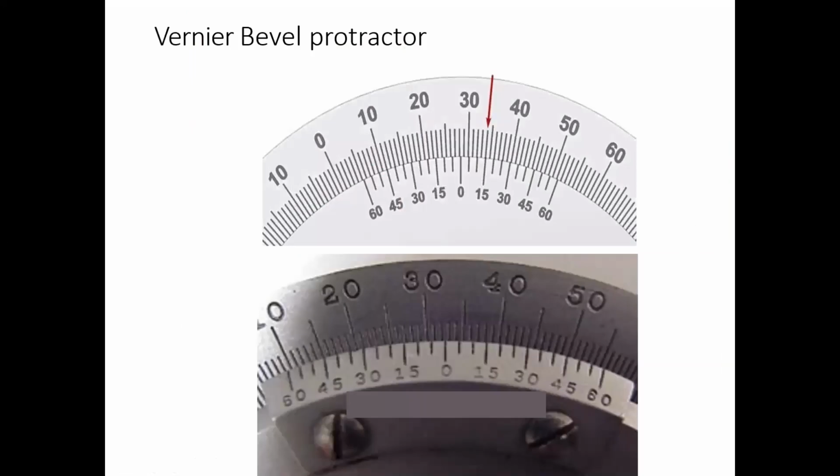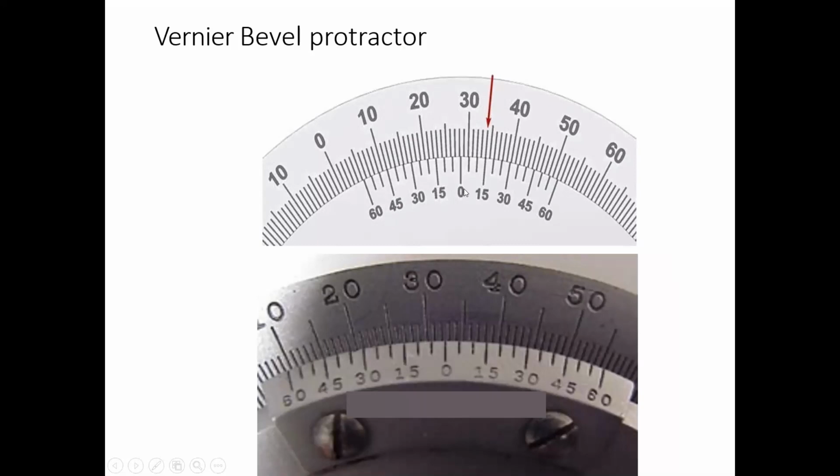Vernier bevel protractor. In this case, please try to find the reading for the shown picture. Observe the scale. The main scale has gradations and the figures increase in the clockwise direction.